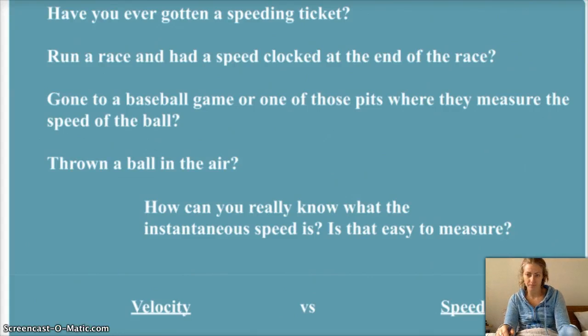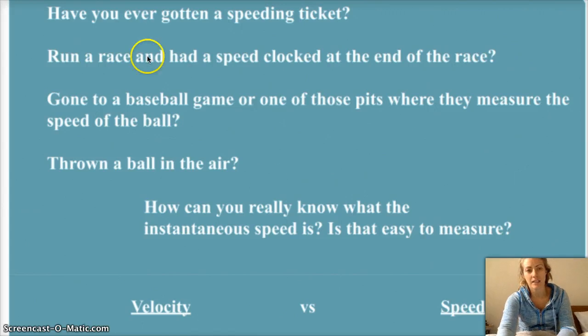But more as we go on, we're going to talk more about instantaneous velocity, which is about what your speed or velocity is at a given instant.